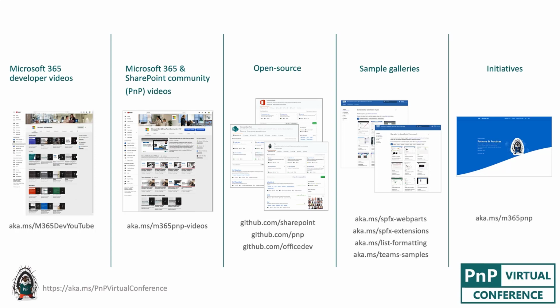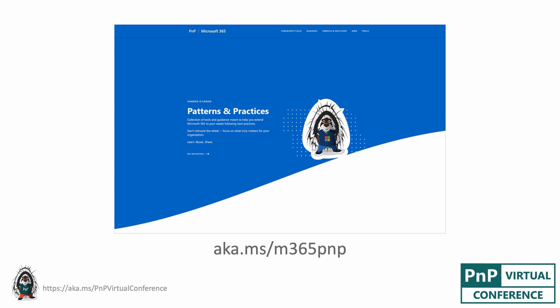It contains tons of helpful materials such as Microsoft 365 dev videos, Microsoft 365 PnP videos, open source tools and libraries like Office 365 CLI, PnP PowerShell, Yeoman Generator and others, and sample galleries for SPFx, column and view formatting, Microsoft Teams, etc. The only URL you should remember is aka.ms/m365pnp. This is a landing page for all Microsoft 365 resources.